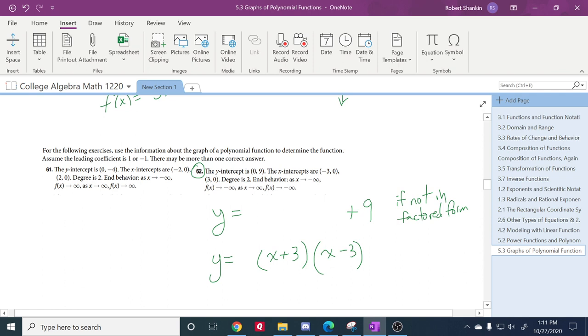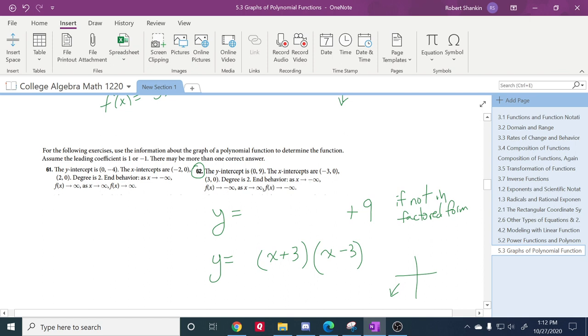Now the degree of the polynomial is 2. So if you FOILed this out, you would get a second degree. The end behavior: as x goes to negative infinity, f of x goes to negative infinity. So it's telling you that it goes like this. On the far left, you're going down.